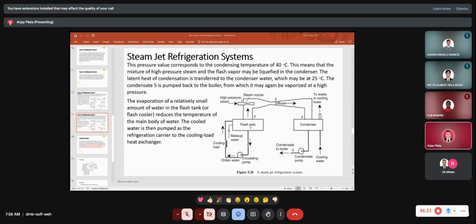Yes, that's one of the purposes. So that's correct. And another purpose of the flash tank is, in order to separate that, how do we separate that by the way?